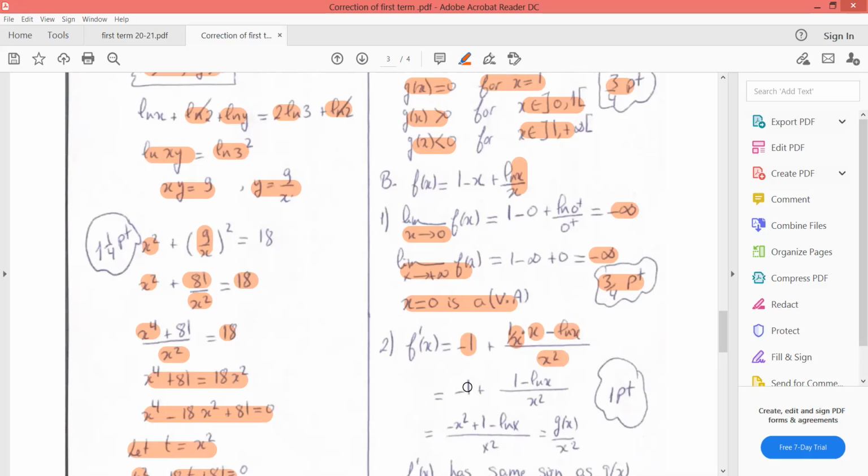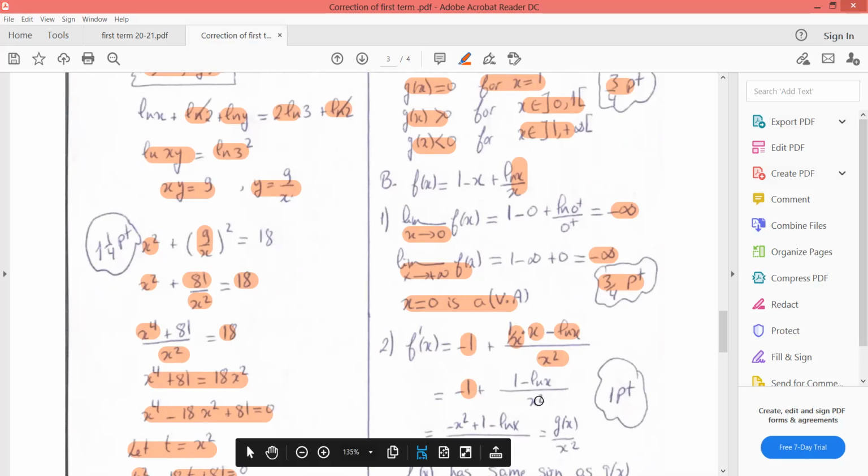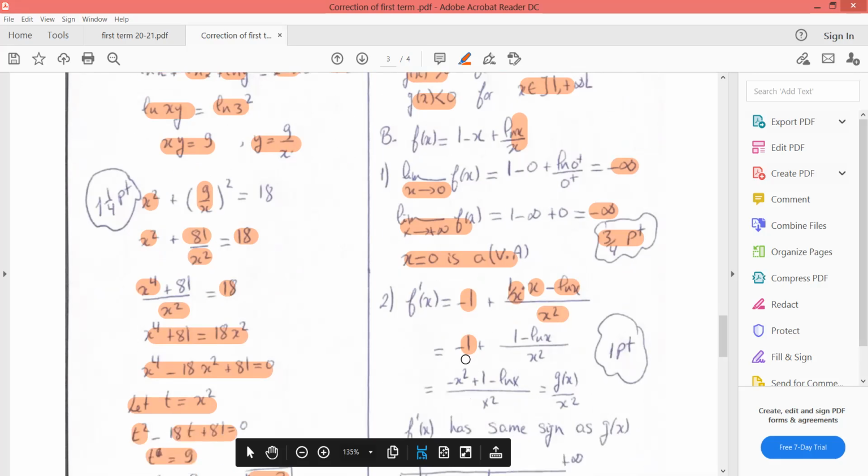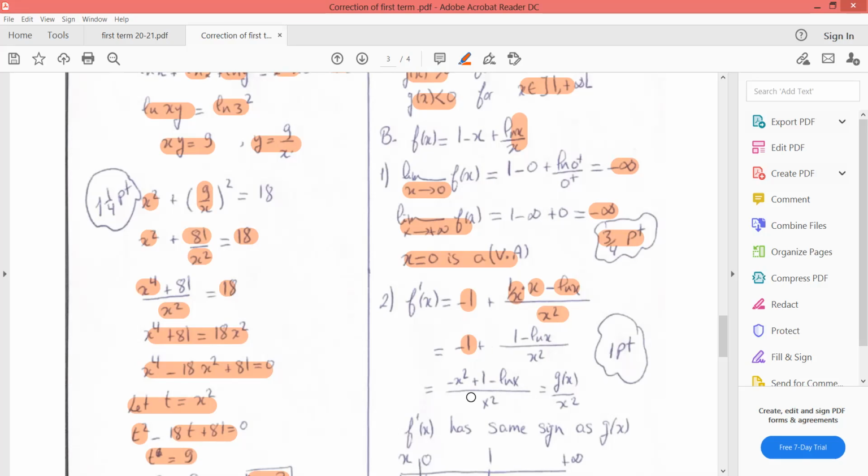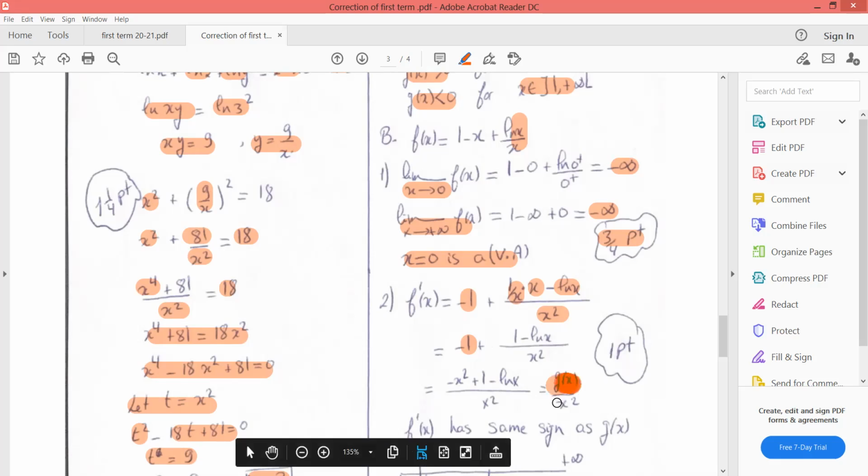So it is equal to minus 1 plus x, and x will be simplified, we get 1 minus ln x over x squared. We take the LCM, which is x squared. x squared times minus 1 is minus x squared, plus 1 minus ln x over x squared equals g(x) over x squared.